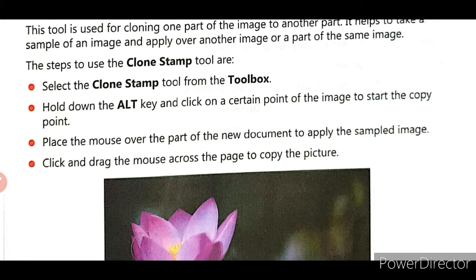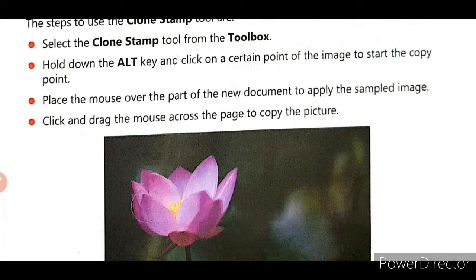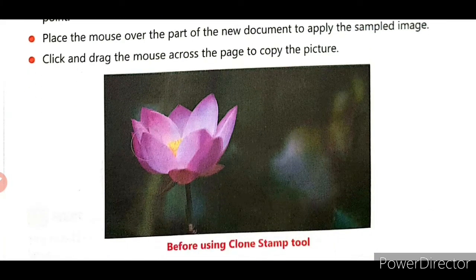Then place the mouse over the part of the new document, in the new destination document, to apply the sampled image. Then you are going to click and drag the mouse across the page to copy the picture. How do you copy the picture? You can just click and drag the mouse.